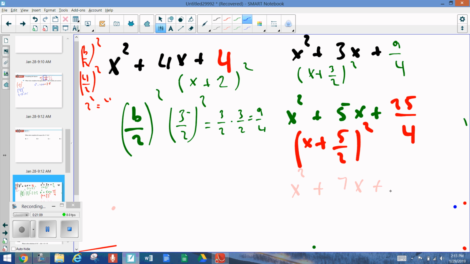Okay, 7 over 2 squared, right? 7 over 2, what you said? That's right. x plus... Make sense? Divide by 2, 7 over 2. Take the square root. 7 squared, 7 over 2, 2 squared.